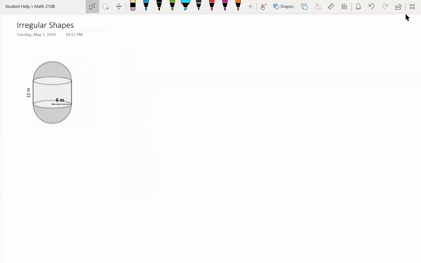So I'll start with this one that looks sort of like a pill. It's a couple of shapes put together. This part in the middle is like a cylinder, and the top and the bottom are both going to be half of a sphere.